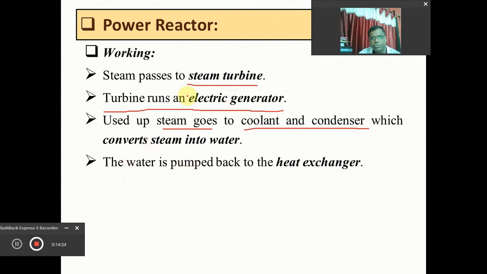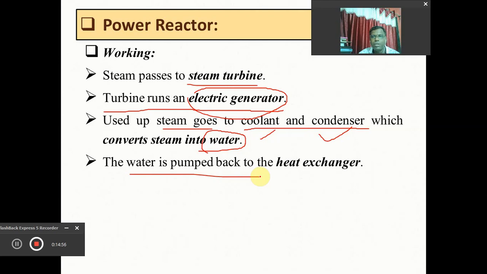Once the heat is used by the electrical generator, this used steam is passed again to the coolant, where it is condensed and reconverted into water. This water is pumped back to the heat exchanger.